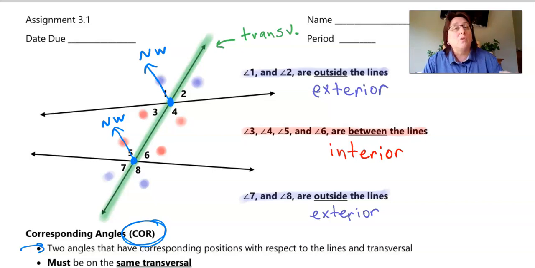So those are also corresponding angles. And we have the same thing going on for angle 3 and angle 7. They're down there in the southwest corner. And 4 and 8 down here are in the southeast corner, right? So when you talk about corresponding locations, literally you're talking about where they are on that intersection.